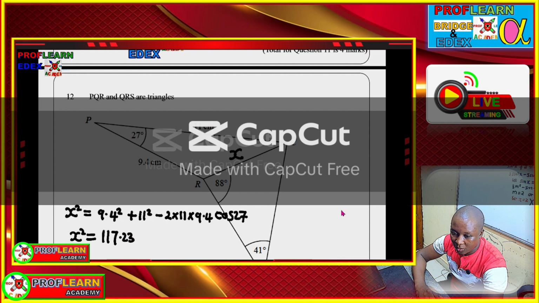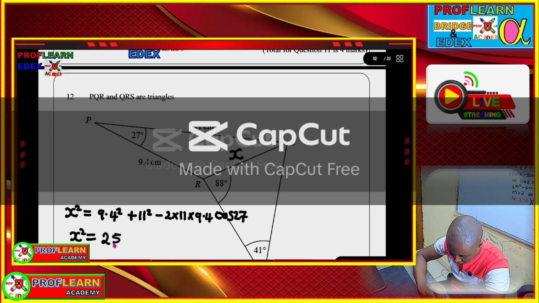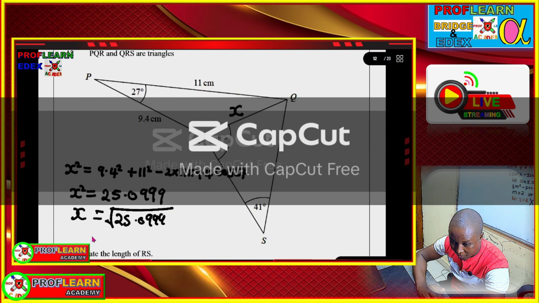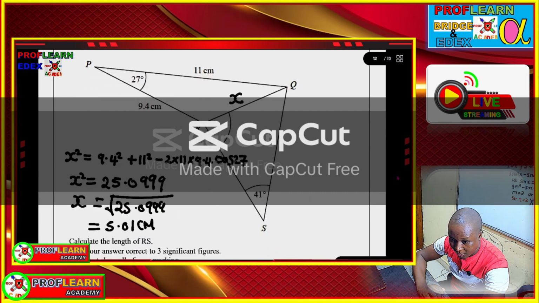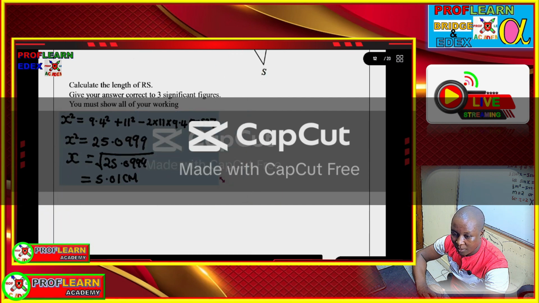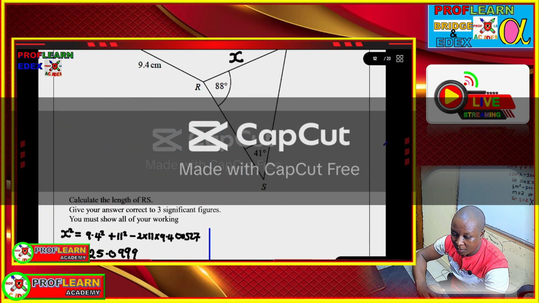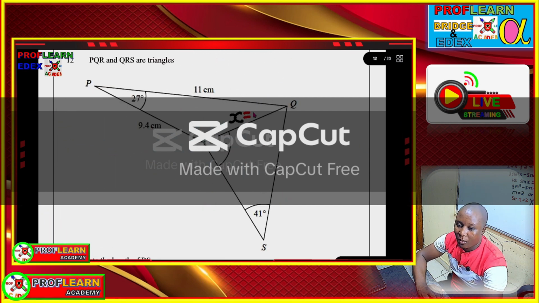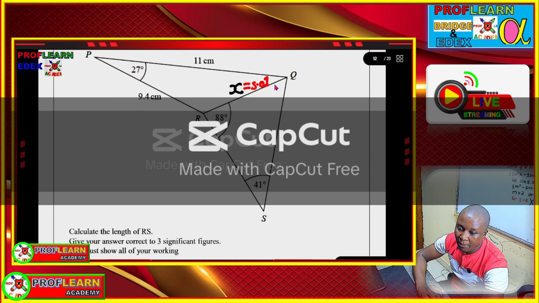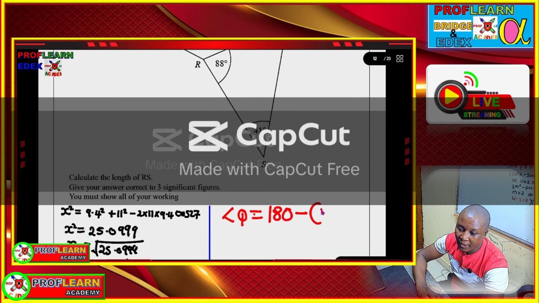I need to correct that: the answer should be 25 point something, and when you find the square root, it will be 5.01. Now we have 5.01 as the length of RQ, but remember we were told to find RS.